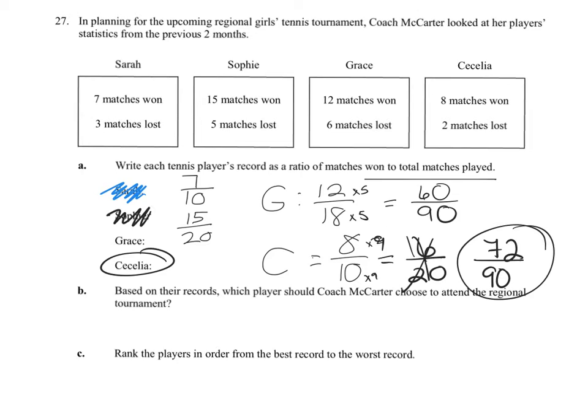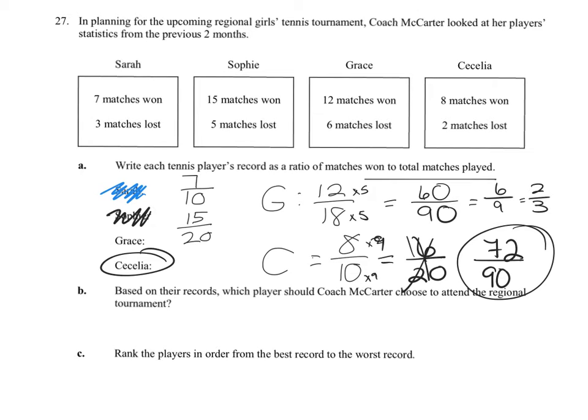And then it says rank the players in order from least to greatest. So 12/18, we could simplify that to be 6 out of 9, which can also simplify down to 2/3.